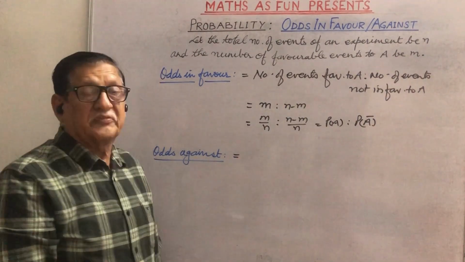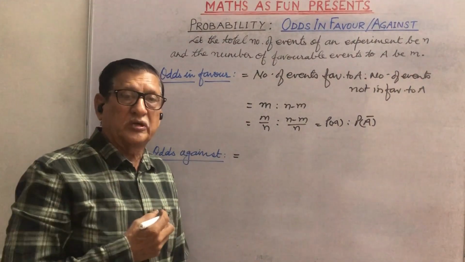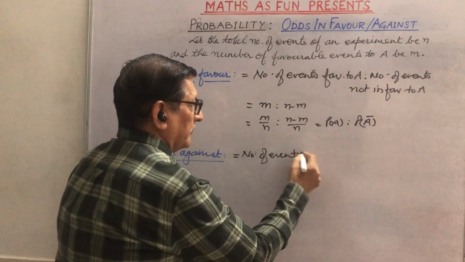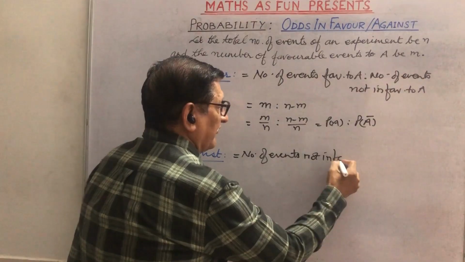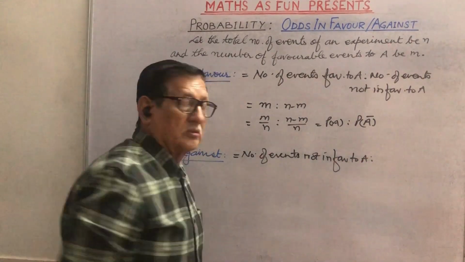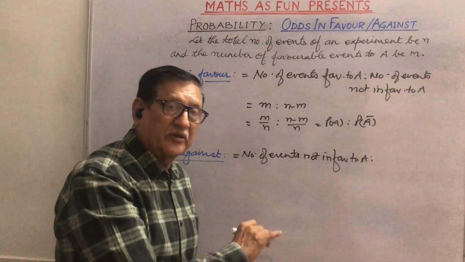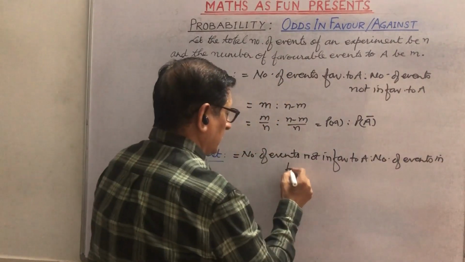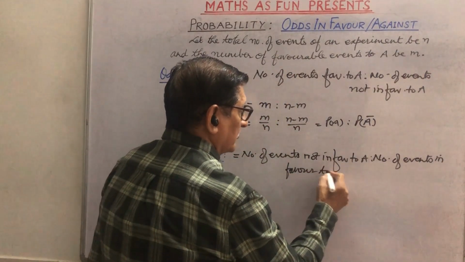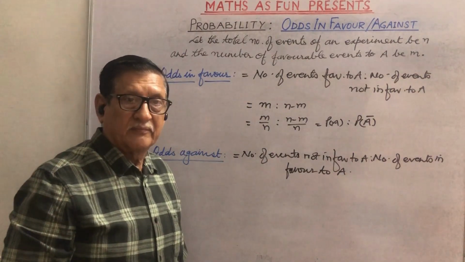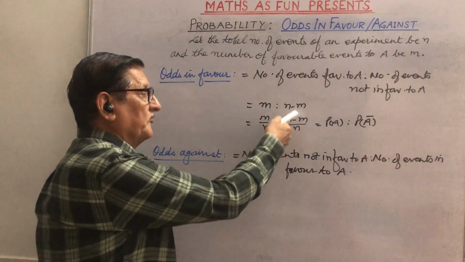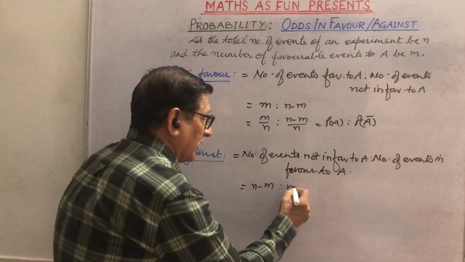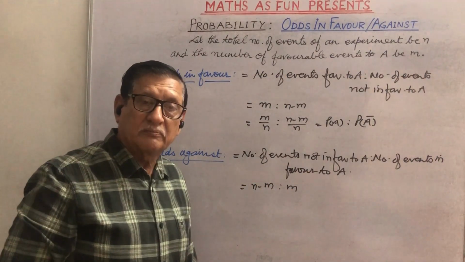Similarly, odds against. Odds against means the number of events not in favor of A is to the number of events in favor of A. As we see here, the number of events not in favor is n minus m, and that in favor is m, so we can say it is n minus m is to m.